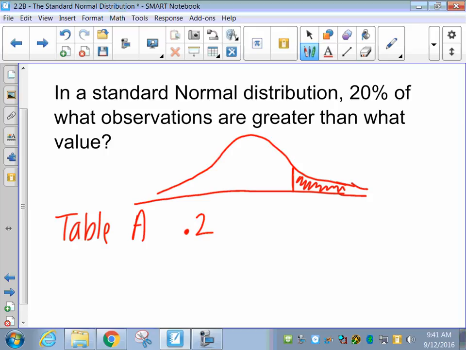Actually, you guys, we got to think about this for a second. If 20% is greater, does that correspond to a negative z-score right here? No, this is a positive z-score, right? So what are we doing wrong?